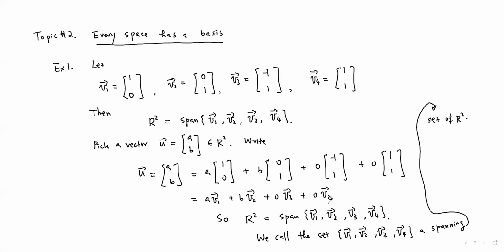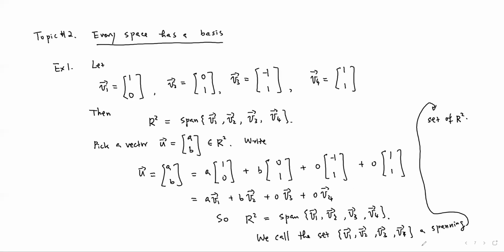Okay, now this spanning set has four vectors. Let me drop one vector. We have V1, V2, V3, V4.